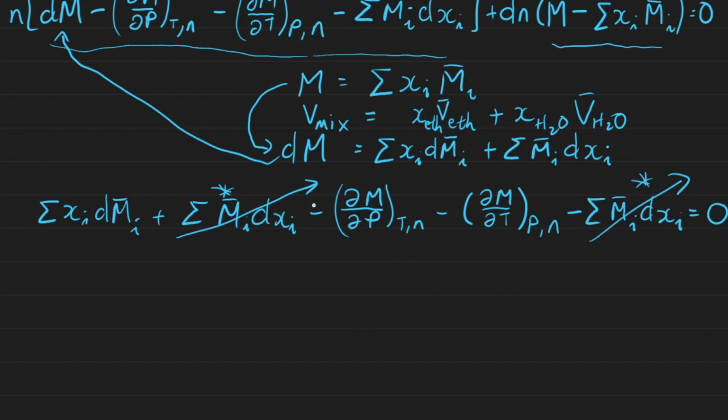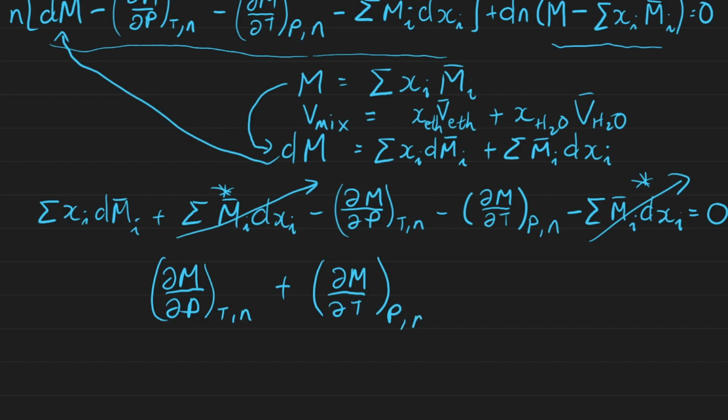So if we write what's left and just take the terms to the other side, then we have dm dp at constant temperature and number of moles, and then we have plus dm dt at constant pressure and number of moles, and then we have minus this term here.